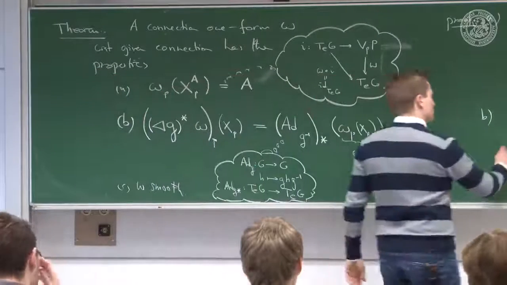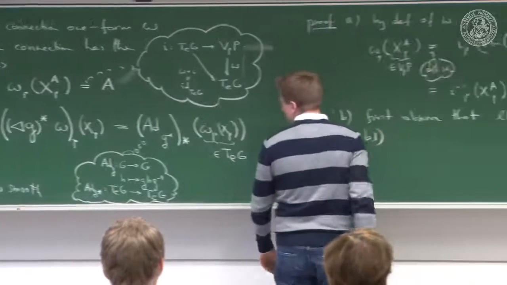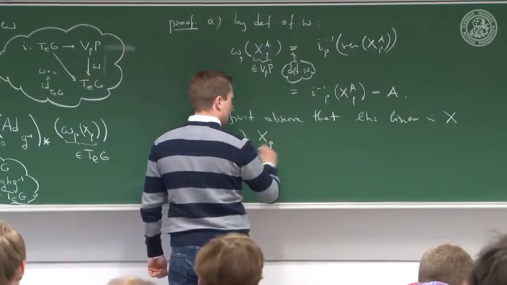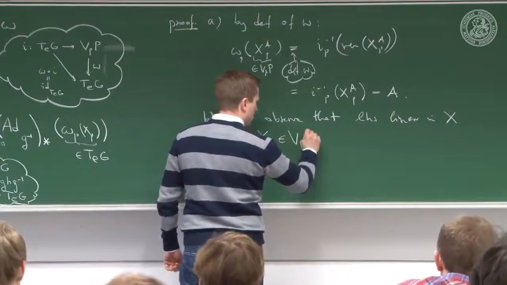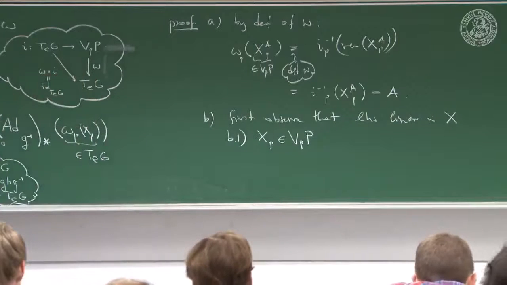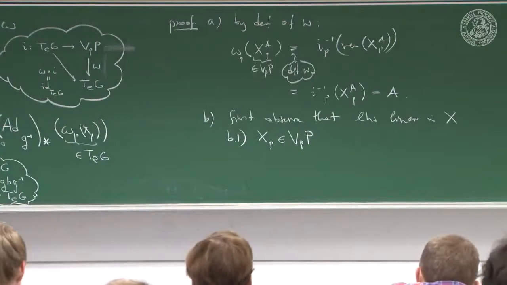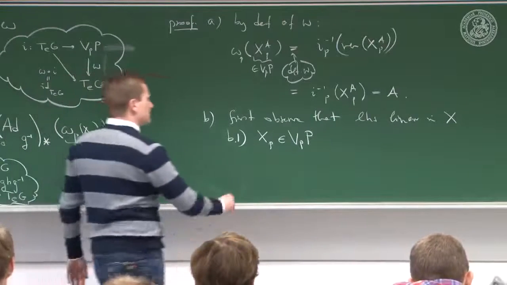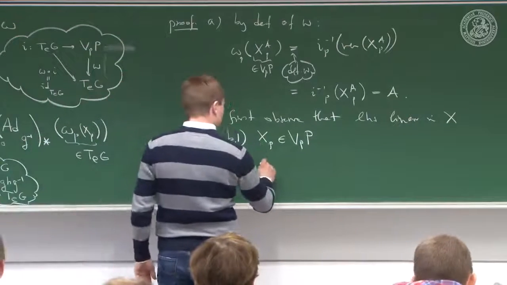Okay. So let's do B1. Let's say X_P is in the vertical part, and obviously B2 will be X_P is in the horizontal part. So how do we do this? Well, we start on the left.